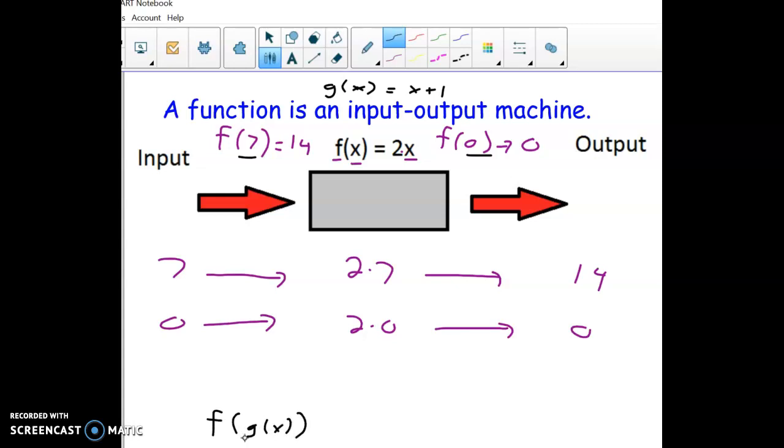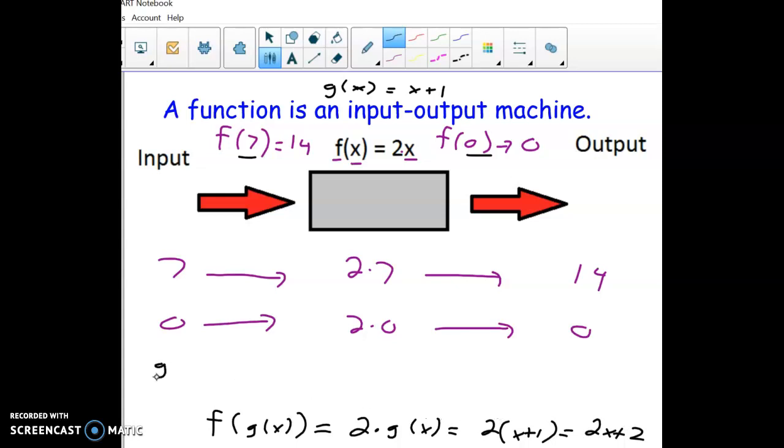So we can do f and then input this function. Remember, all that f does is double it. So what's going to happen here is it's going to take 2 times our input, right? That's what f does. And our input is g of x. So we're going to do 2 times the g of x function, which is 2 times x plus 1, because g of x is x plus 1. So we get as an output 2x plus 2, if I do the distributive property.